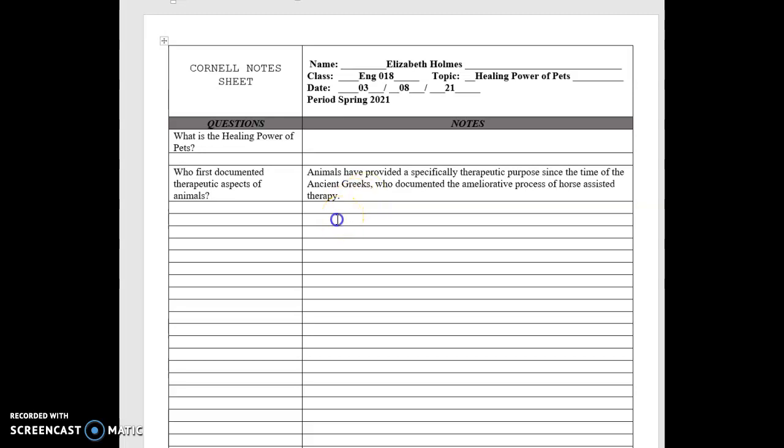Then I skip a space and I move to my next thing that I marked on my text, which is the next paragraph.